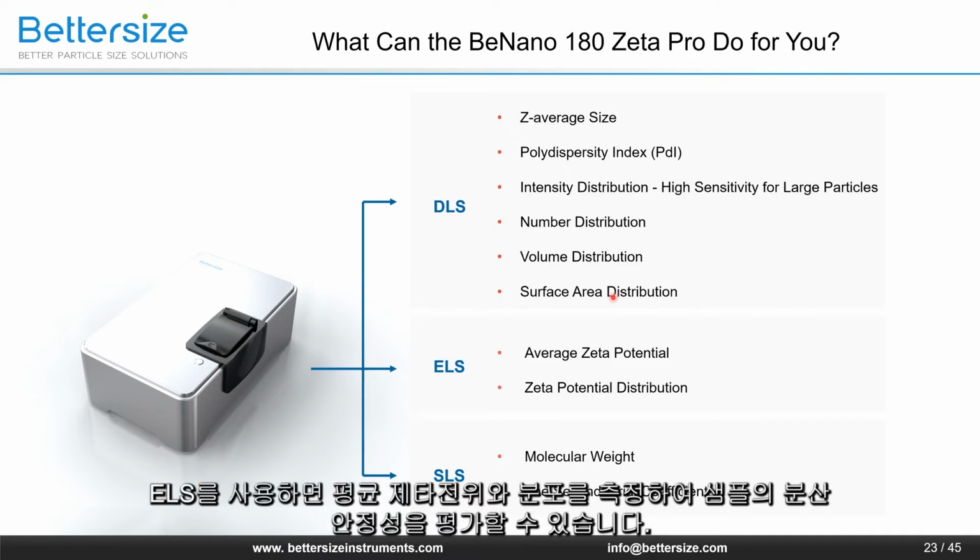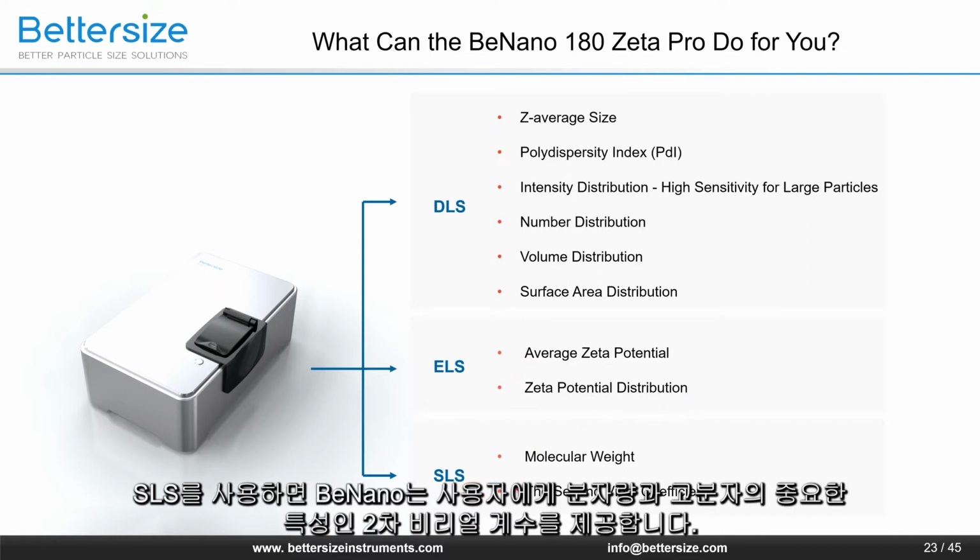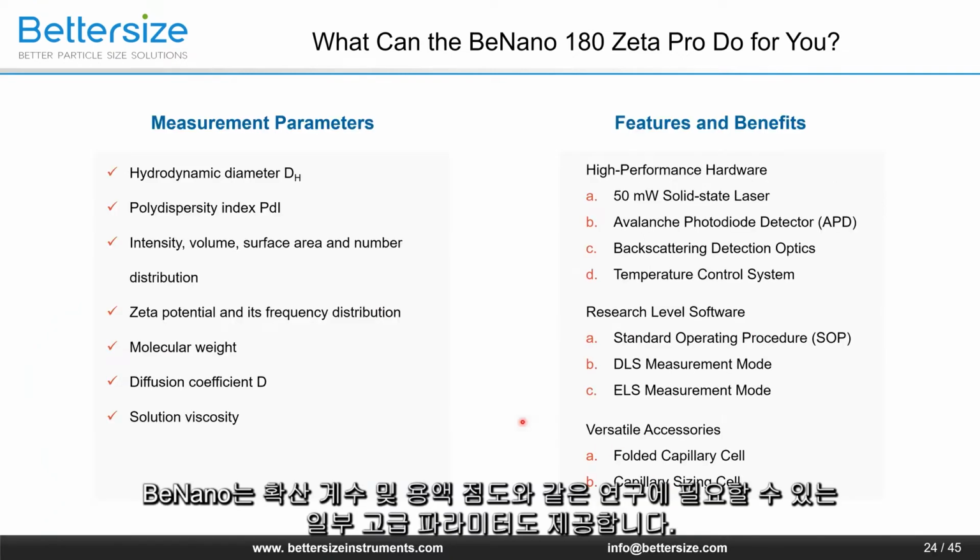With ELS, the average zeta potential and its distribution could be measured so as to evaluate the dispersion stability of your sample. With SLS, the BeNano provides users with the molecular weight and the second virial coefficient, the significant properties of macromolecules. Some advanced parameters you may need for your research are also provided by the BeNano, such as diffusion coefficient and solution viscosity.